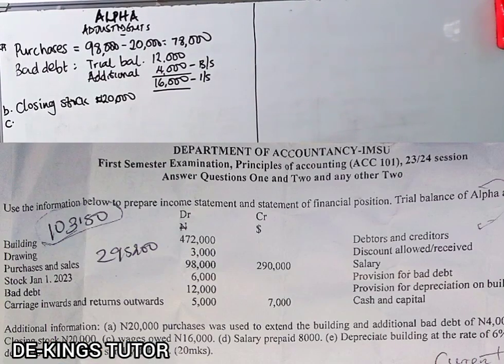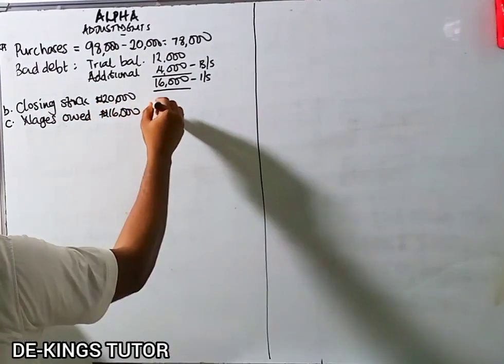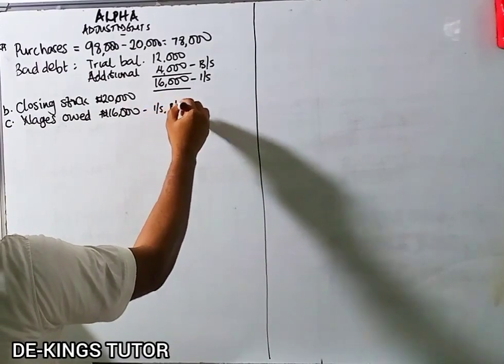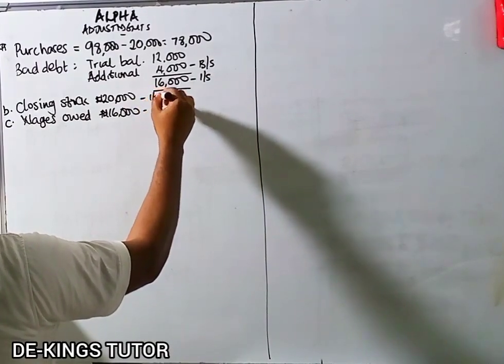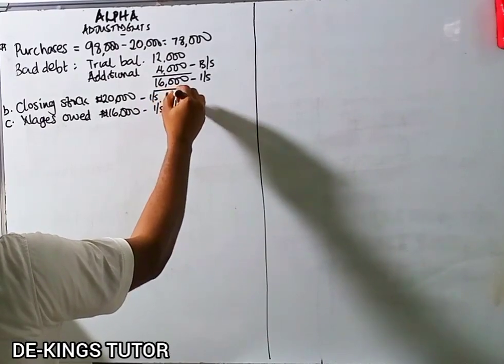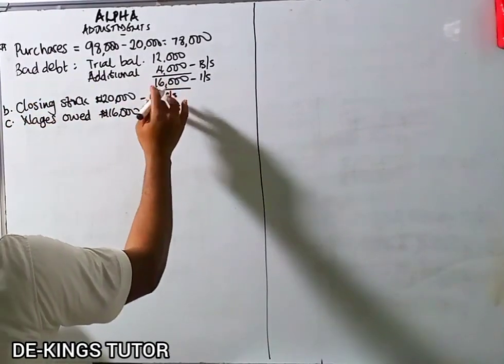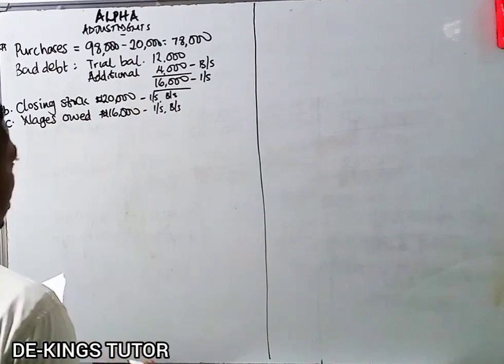Now let's check if there were previous wages in the trial balance. There is none, so wages owed is 16,000. And this will go to both the income statement and the balance sheet. The same thing, the closing stock will go to the trading account and the balance sheet.